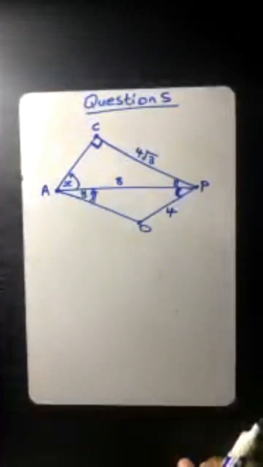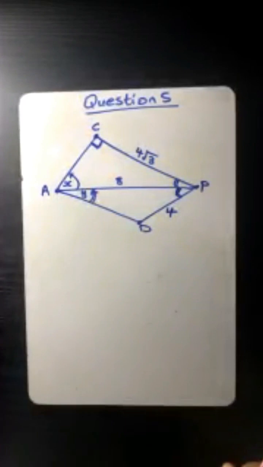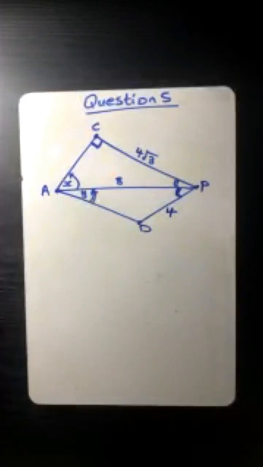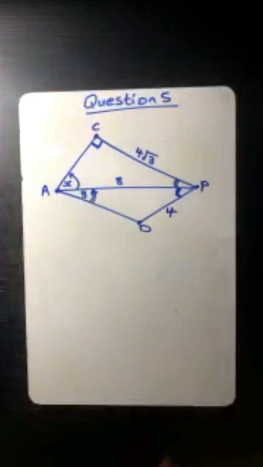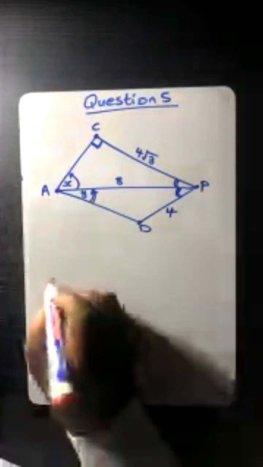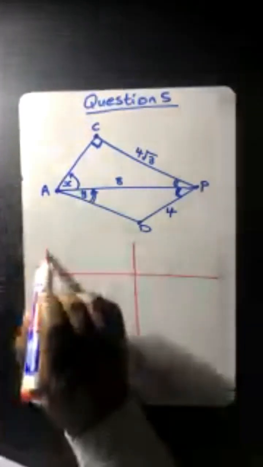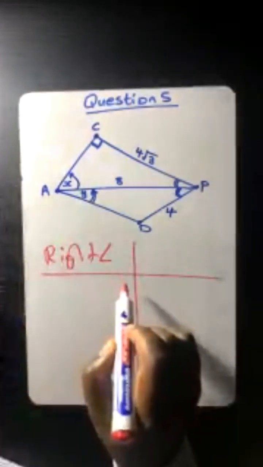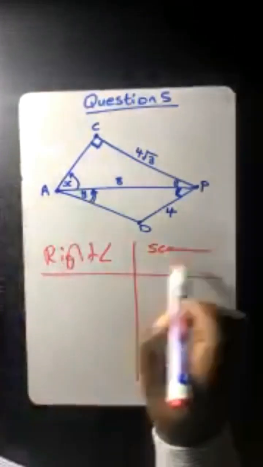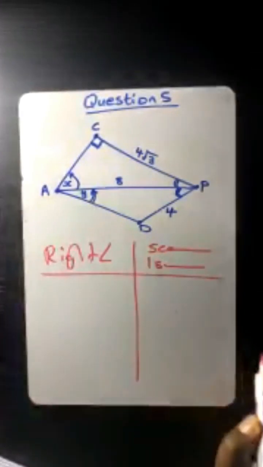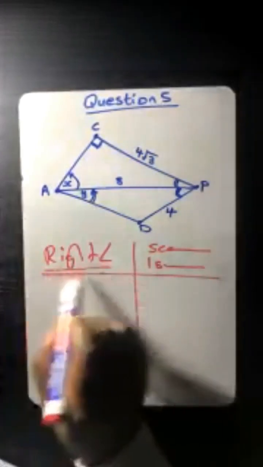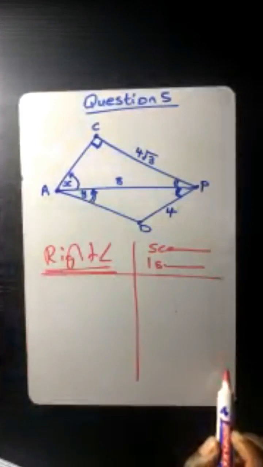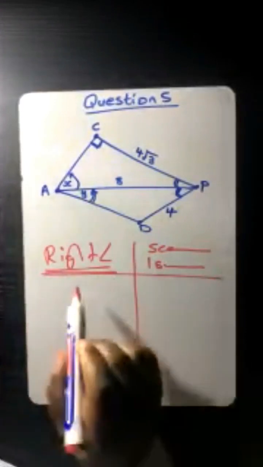So good people, I'm about to start answering the questions. When we have a right-angled triangle, and just a triangle, which could be scalene or isosceles, remember, how do we notice a right-angled triangle?